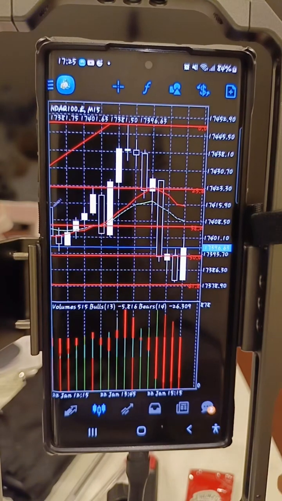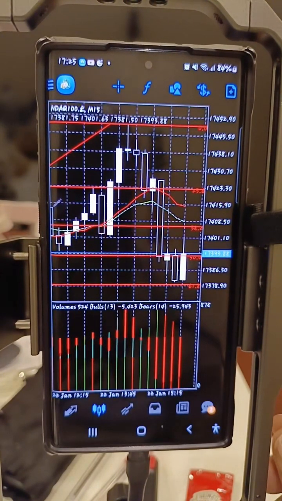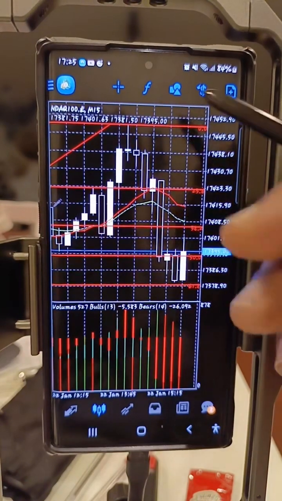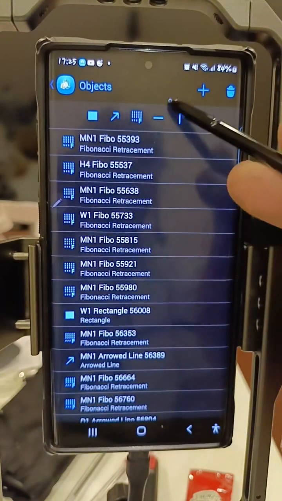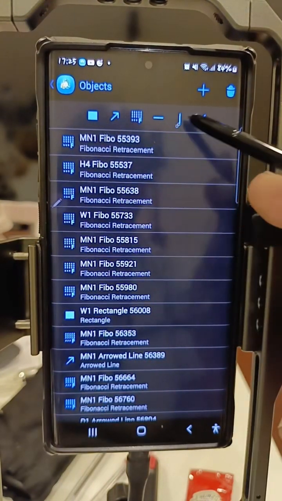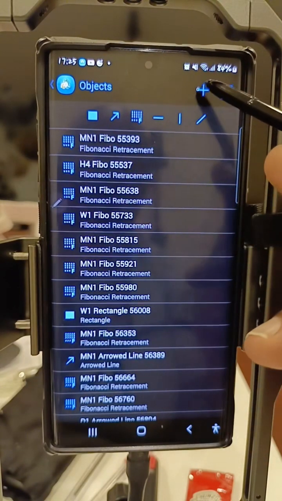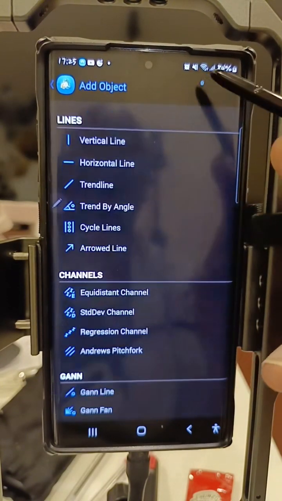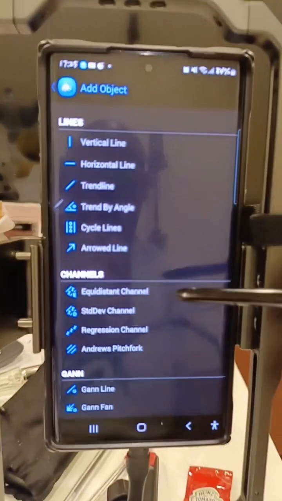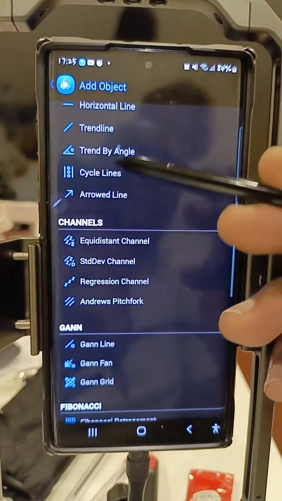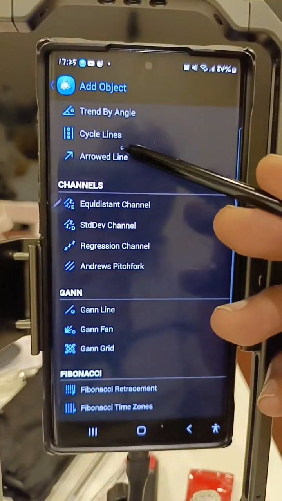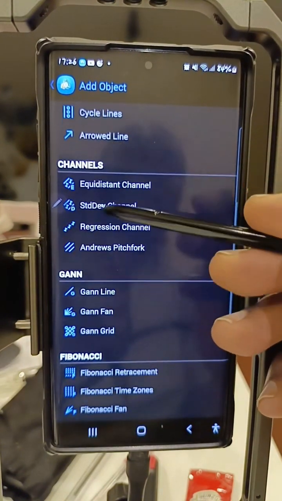What is the general purpose of my app? The general purpose of my app is using a mobile phone to trade, using all the options on it. There are several options you can use that benefit you. You've got horizontal line, vertical line. You also have Fibonacci, horizontal trend line, trend by angle, cycle line, arrows.